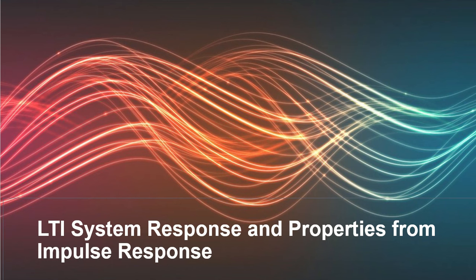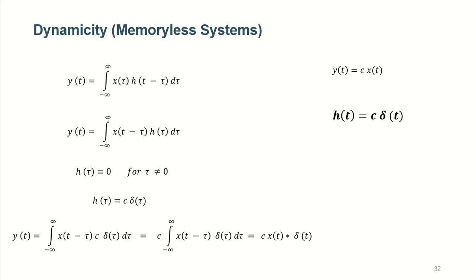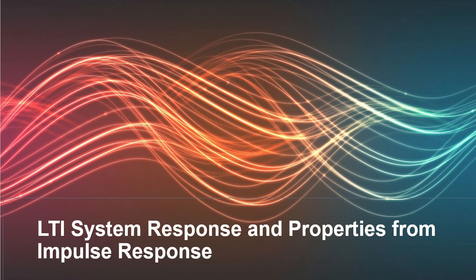And now, assuming that you have an idea of both of these, let's move forward and try to understand the LTI system responses and properties from the impulse response. So earlier we have seen the system properties, and what were those properties, if you remember?